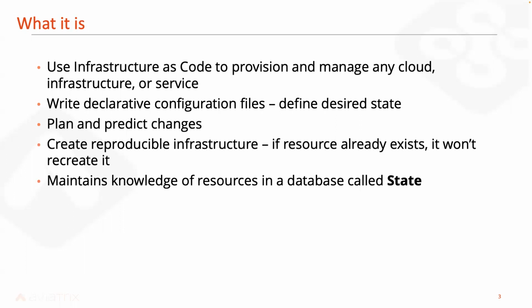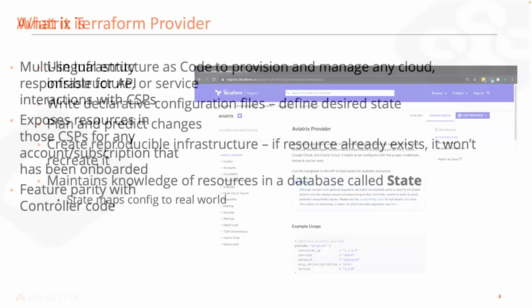Now, if you run the same code again, it will notice that this resource that it has in its state still exists. Thus, it will not create another instance. Only if you add another instance to your code, it's the delta that will actually be created. So Terraform maintains the knowledge of resources in a database that is called state.